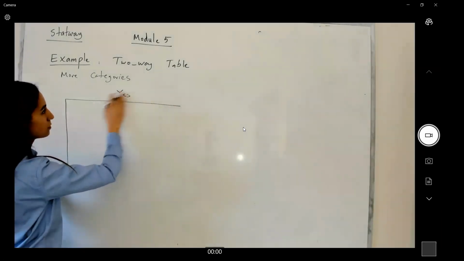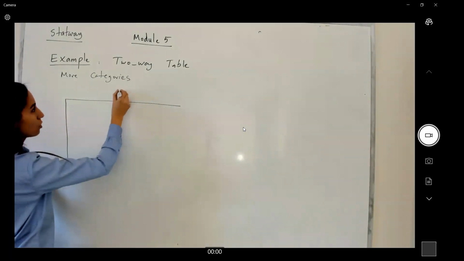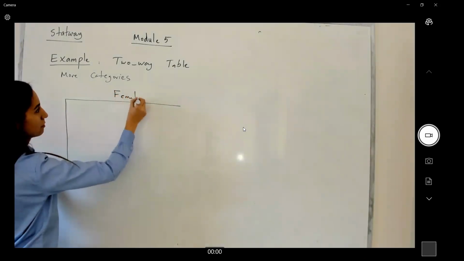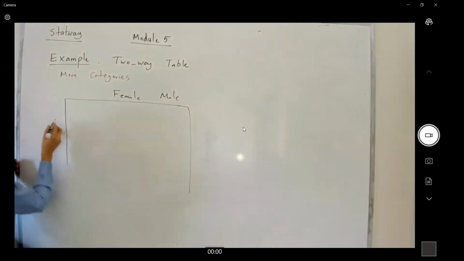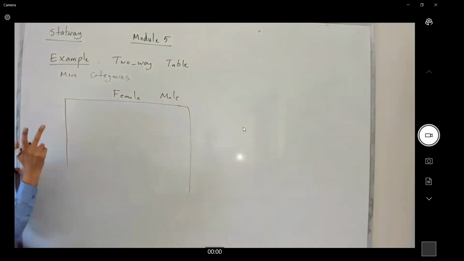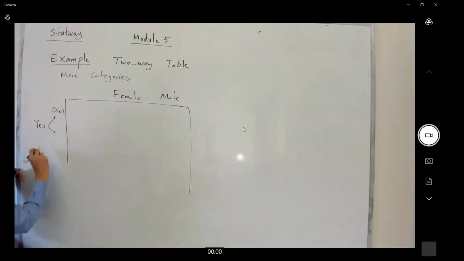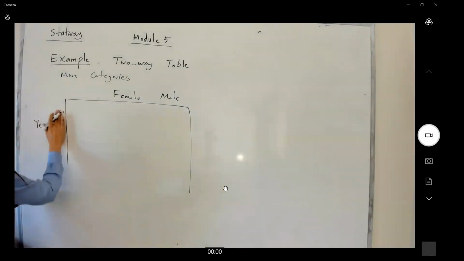So yes, no, it was here. So female, male, yes. And yes has two categories, a diet or a regular. Let me just follow the table on the note. Regular, diet, so regular comes first.